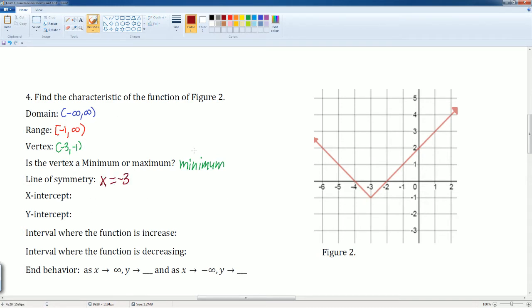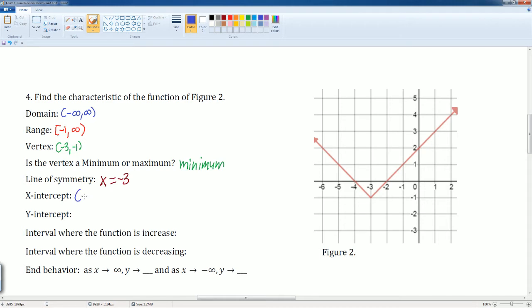The x-intercepts are at 2 points. The first one is this one, which is at -4 comma 0, and this one, which is at -2 comma 0. Those are the 2 points in which the absolute value here crosses the x-axis.